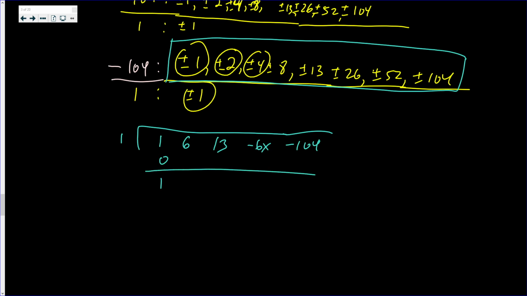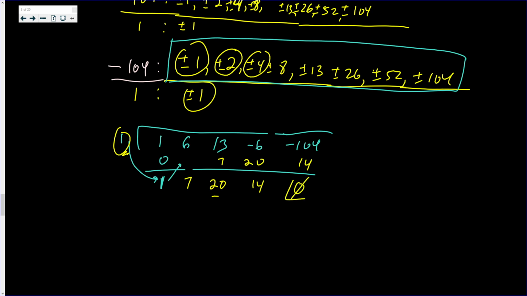You add, then whatever you get, you multiply by this number, and you put it up there. Preferably a 1. No x. You add, you get 7, multiply the 7 by 1, put it here. You add, you get 20, multiply the 20 by the 1 in the front, you get 14. And you want to get 0.